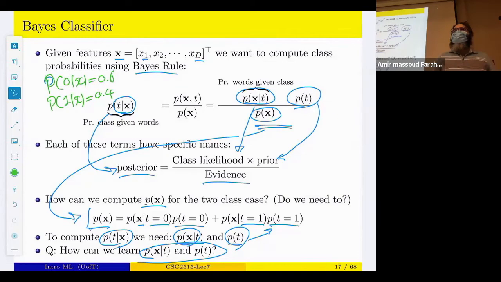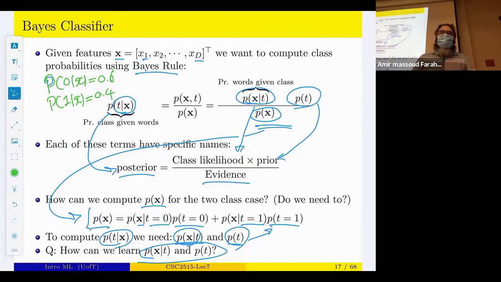So what is the right class here? Which class would you say is more likely, the one this X should be associated with? 0, okay, that's perfect.